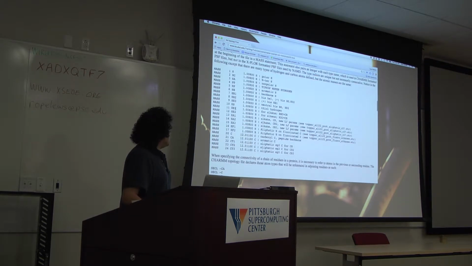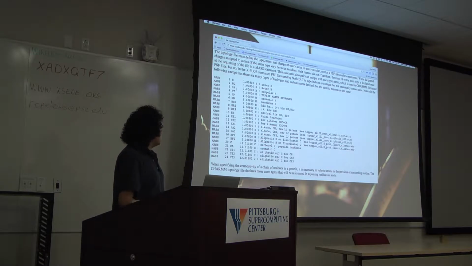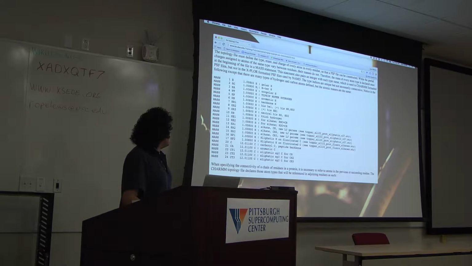The first thing that the topology file defines is the masses. It starts with the mass keyword, then an index number, and then the atom type. As you can guess, all of these are hydrogens, but depending on the type, for instance, this one is a hydrogen for the TIP3P model of water.